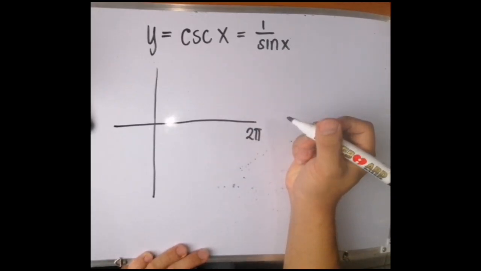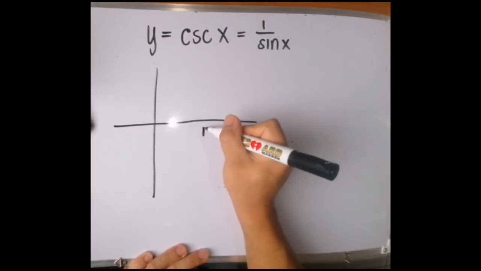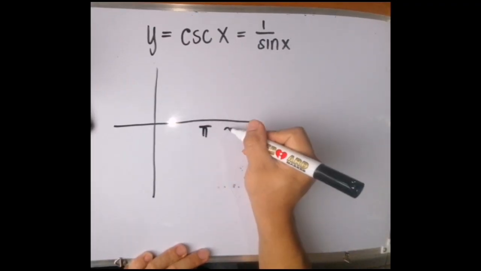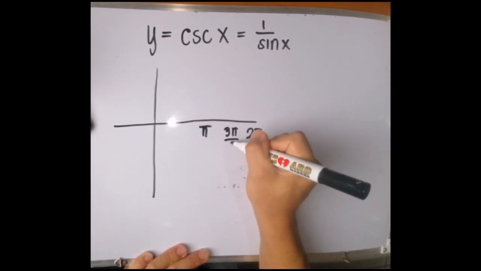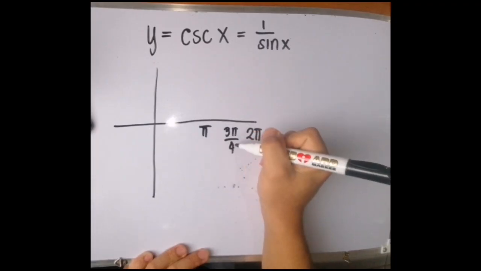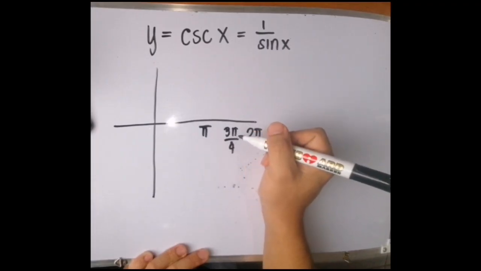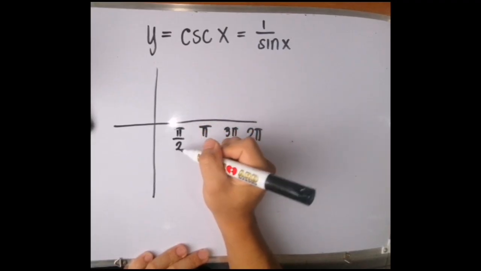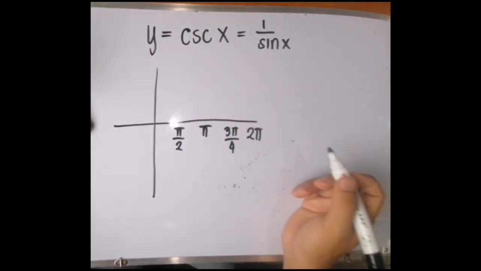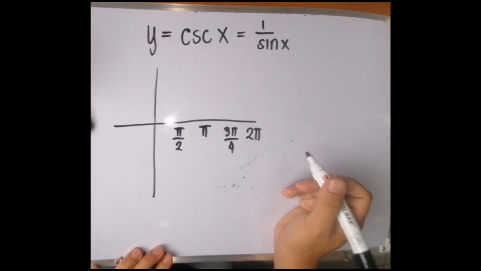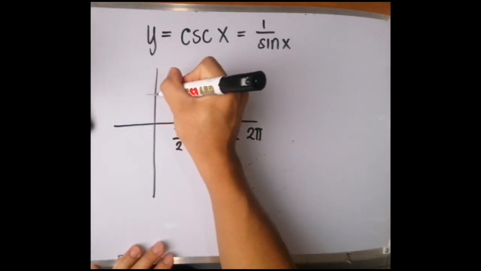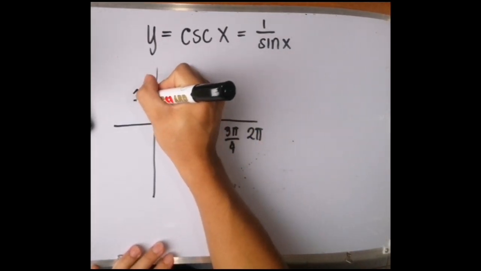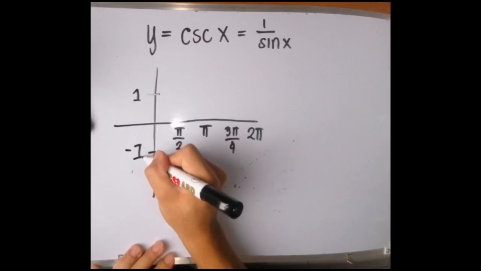So let's have 4 points. Half of 2 pi is pi. 3 pi over 2 and pi over 2. The amplitude of sine is between 1 and -1. So write 1, -1.